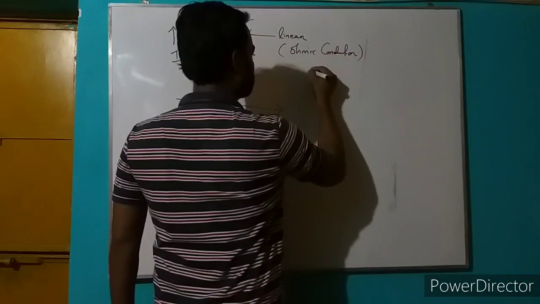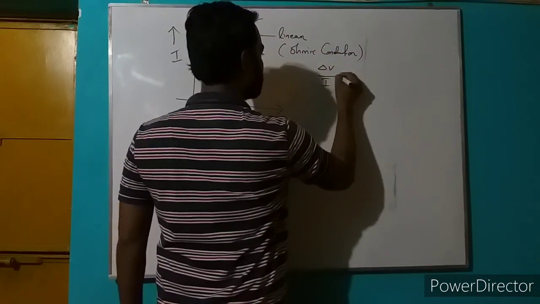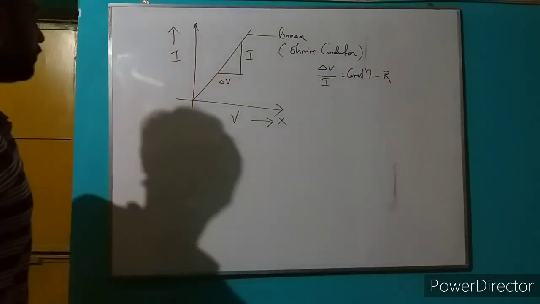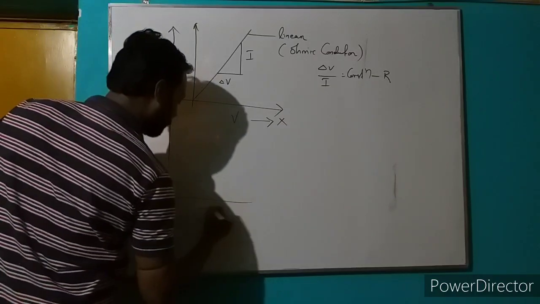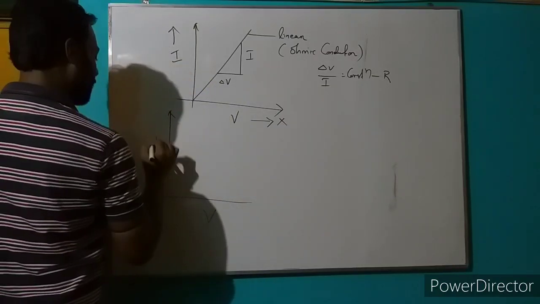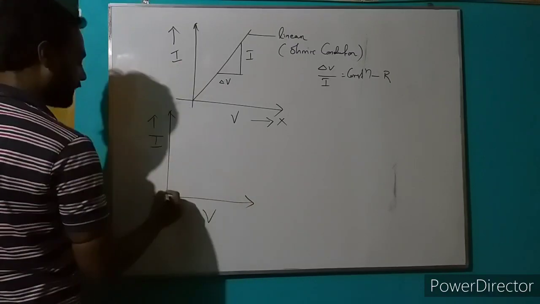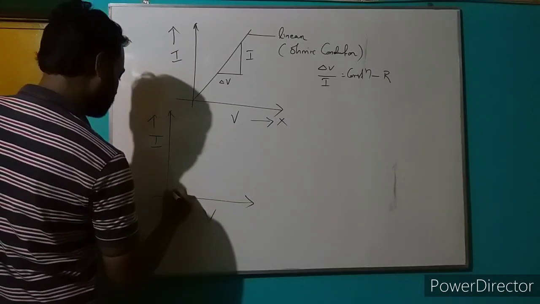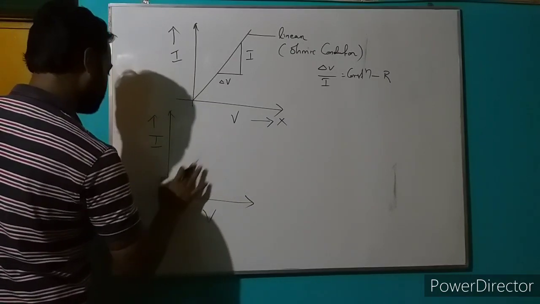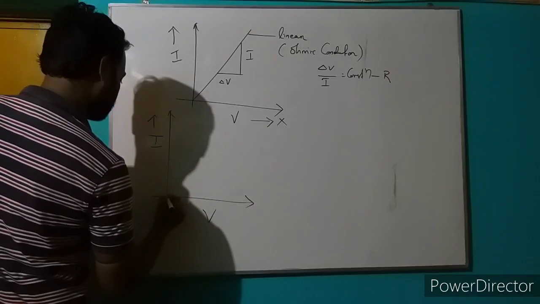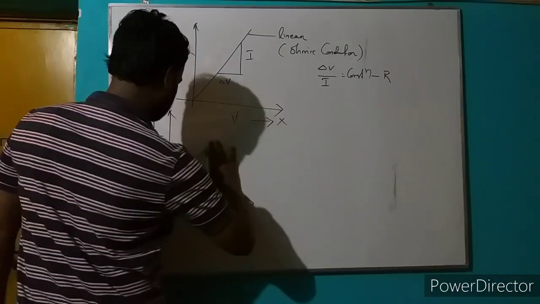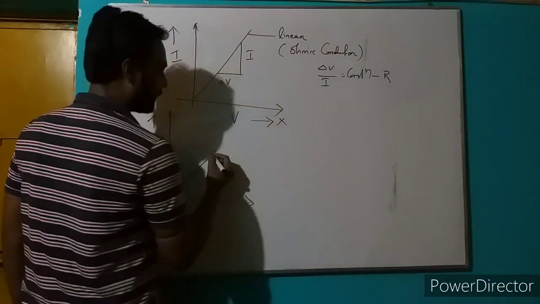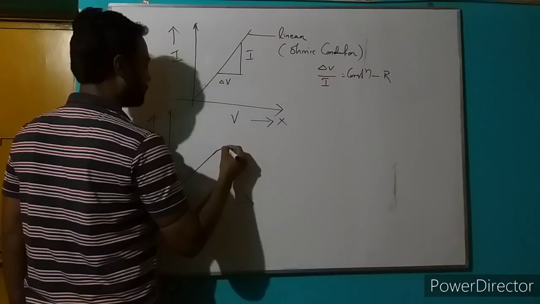We know delta V by I is constant, and that constant represents R. For a non-ohmic conductor, if you plot a graph with voltage along the x-axis and current along the y-axis, the graph is like that. After that, it becomes bent.